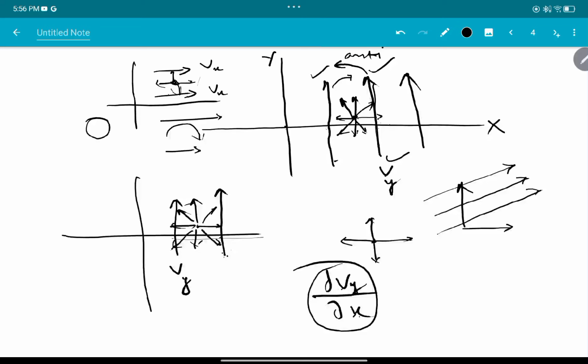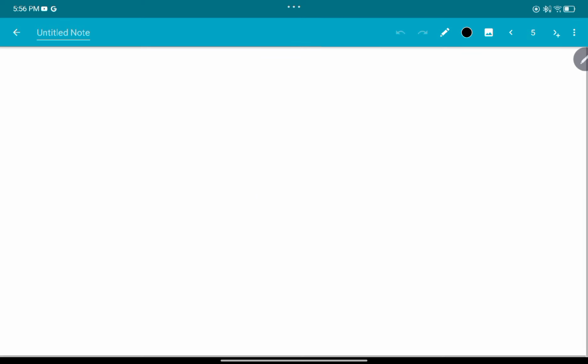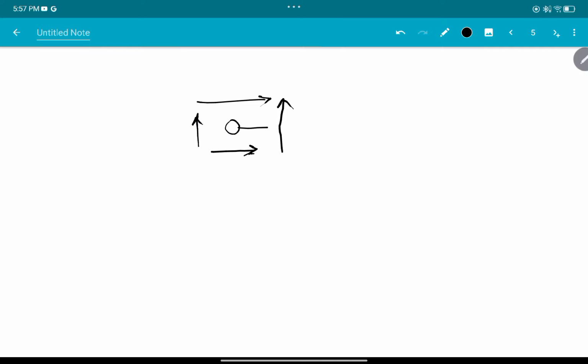Now combine this and see what will happen. You have a situation where the horizontal velocity, the x velocity, changes with y, and the y velocity changes with x. Place the wheel here; these are the spokes of the wheel.